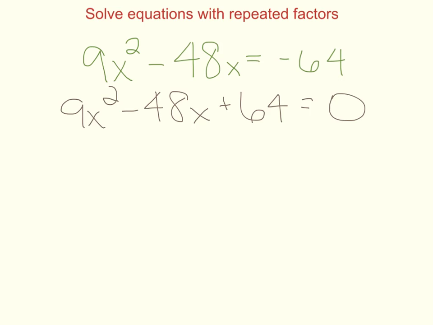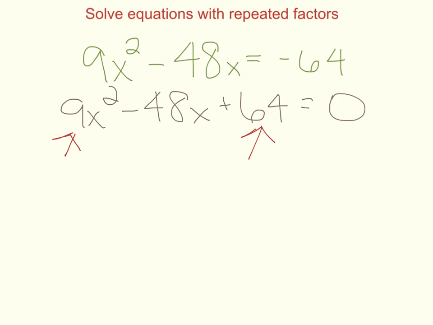We do recognize that 9x squared minus 48x plus 64 is a perfect square trinomial. So you want to factor out the perfect square. So that means that you're going to take out of there what there is that is perfect. So to do that, you want to look at your first number and your last number.